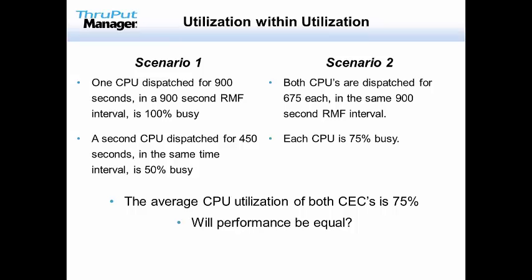You don't know that that distribution was uniform. You don't know, for example, that it was the first 7.5 minutes that was busy and the second 7.5 it was completely idle. Or maybe it was on and off every minute or every second. You really have no idea. So to answer the question about performance there, it depends. It depends when the application tries to dispatch.